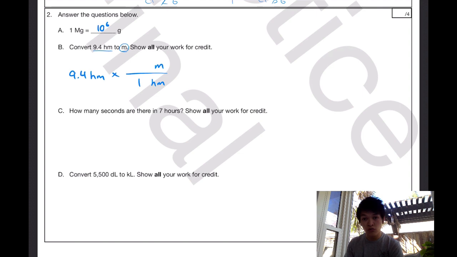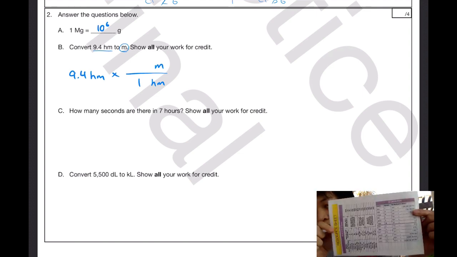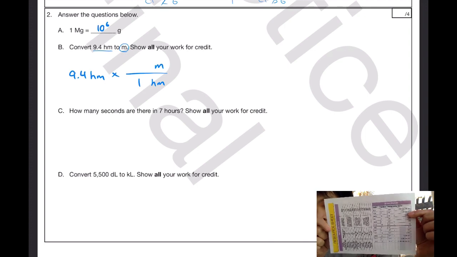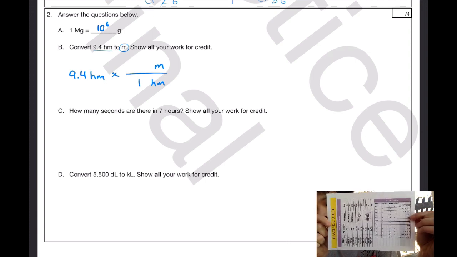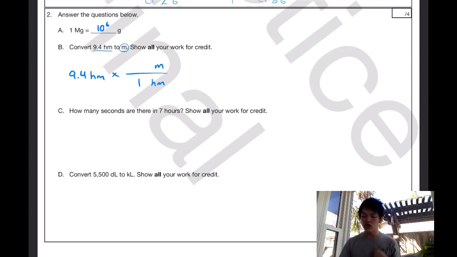That's kind of like the first question that we answered. 1 hectometer, how many meters is that? Look at your SI prefix table, find hecto. How many meters is there in 1 hectometer? It turns out that there's 100, or 10 to the 2. So 1 hectometer, 100 meters.